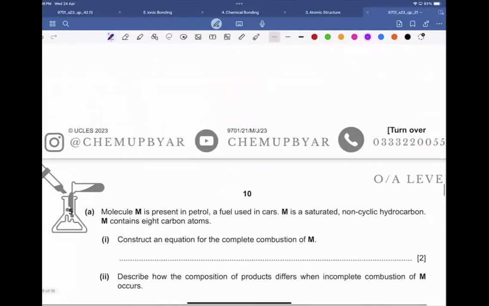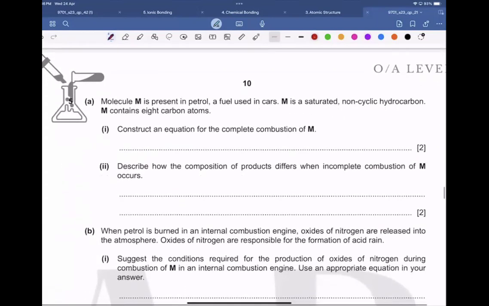Okay. Now, question number 5A. Molecule M is present in petrol, a fuel used in cars. M is a saturated, means all single bonds around carbon atoms, non-cyclic hydrocarbon. M contains 8 carbon atoms. So it's a saturated and non-cyclic hydrocarbon, so it means it is going to be an alkane, and the general formula of alkane is CnH2n+2.